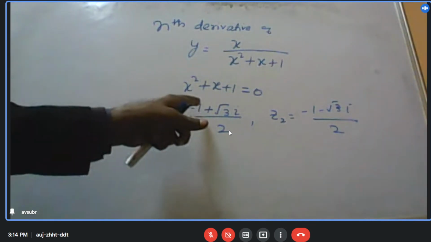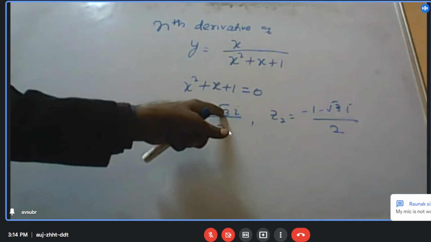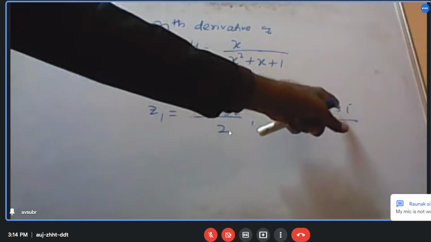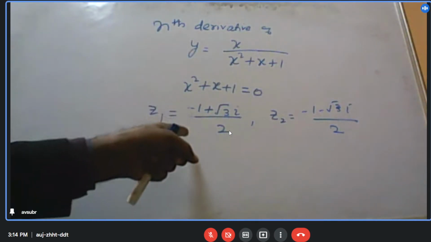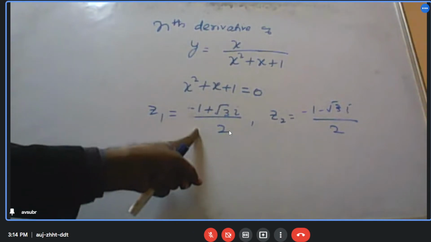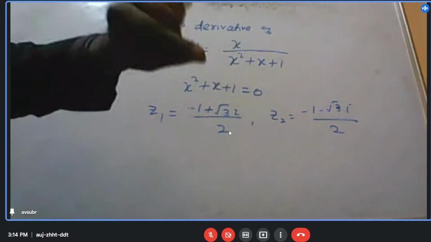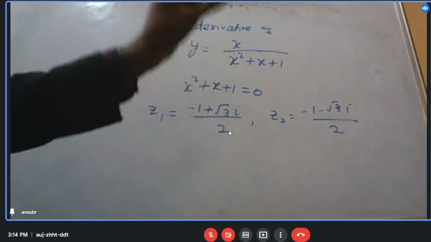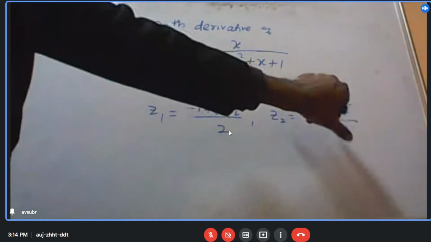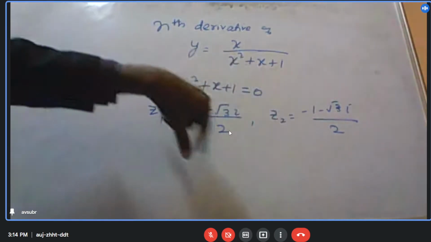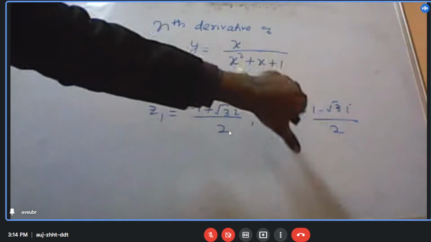For example, if you do this, here it is coming out to be -√3, isn't it? So -√1 we represent by this imaginary number, and that we call a complex number.